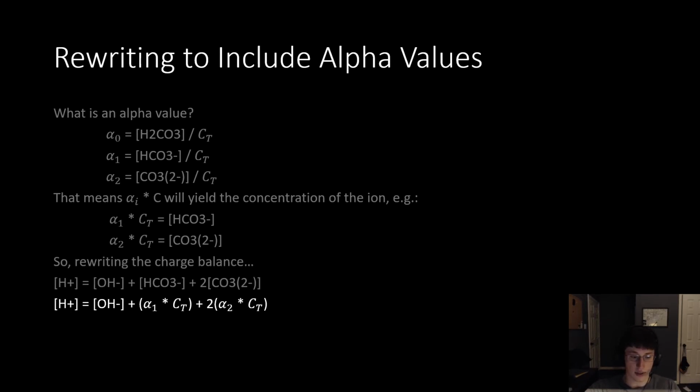We can rewrite that to include the alpha values: hydronium equals hydroxide plus alpha 1 times the analytical concentration of carbon plus 2 times alpha 2 times the analytical concentration of carbon. We can further simplify this by factoring out the analytical concentration of carbon, and that yields the equation shown at the bottom of the slide.